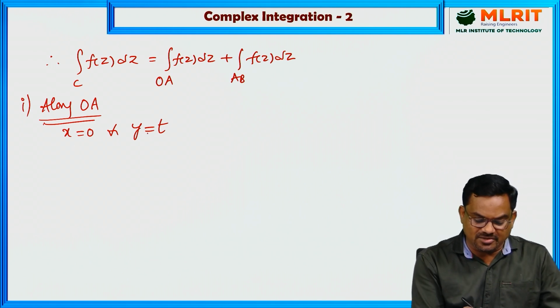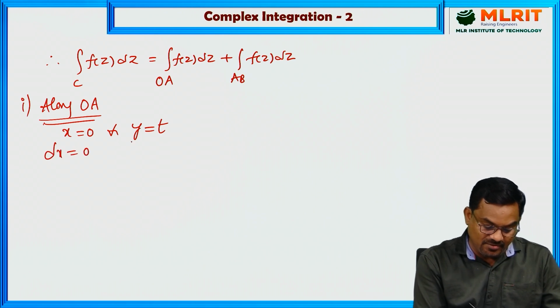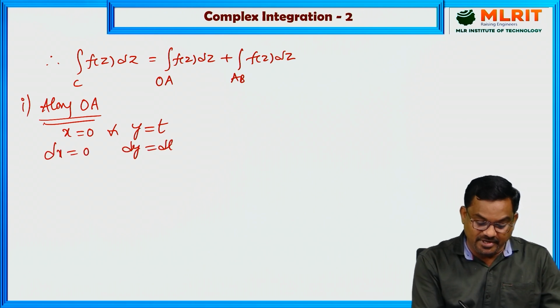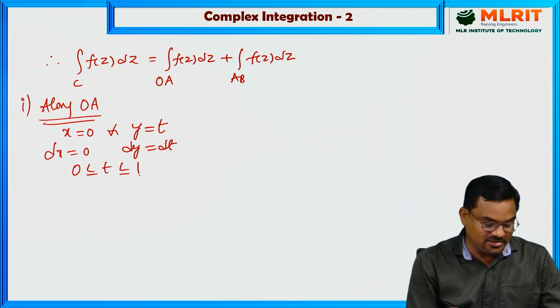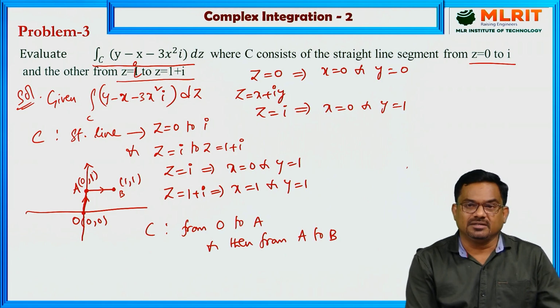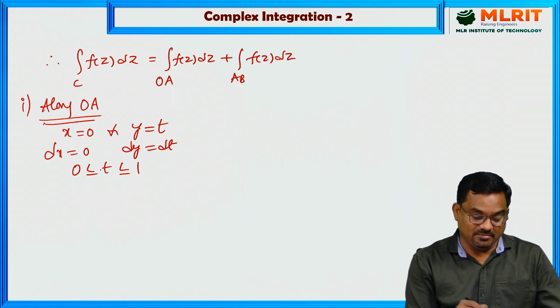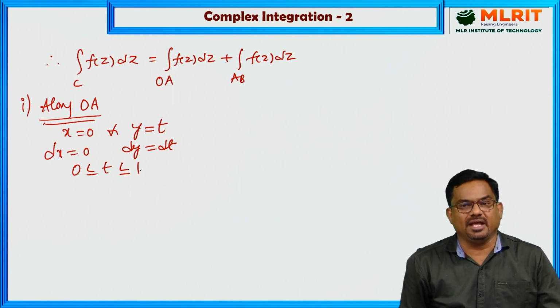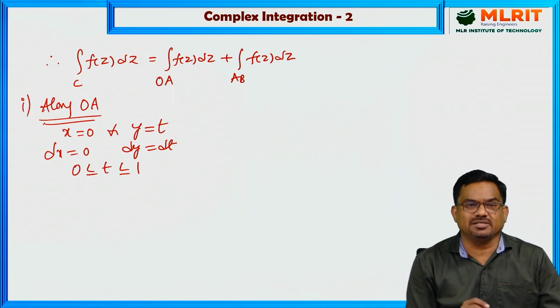So I consider y equal to t and x equal to 0. That implies dx will be 0 and dy will be dt. And the limits for t are 0 to 1. You can see here 0, and here the value of y is 1. But y is t, therefore t changes from 0 to 1.